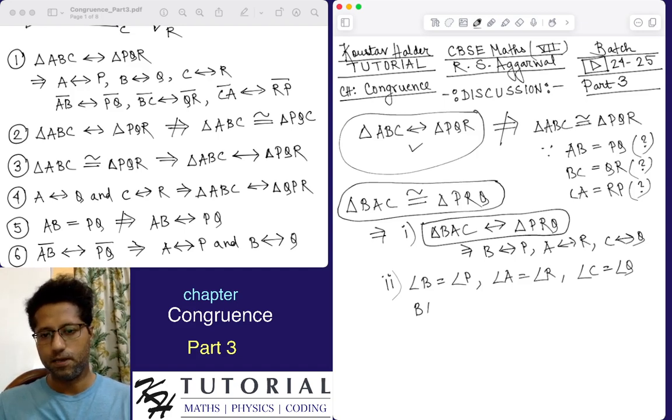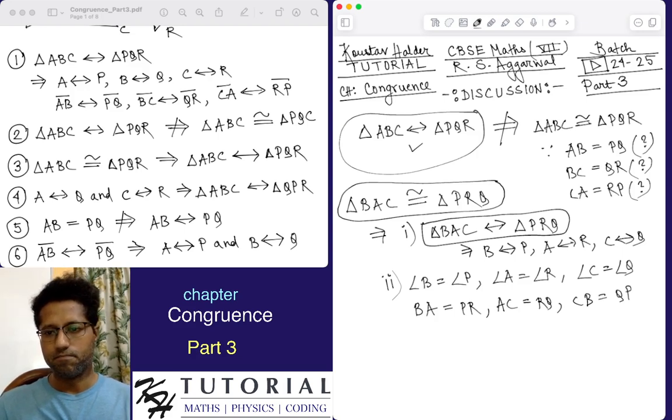So we will have BA equal to PR, AC equal to RQ, CB equal to QP.